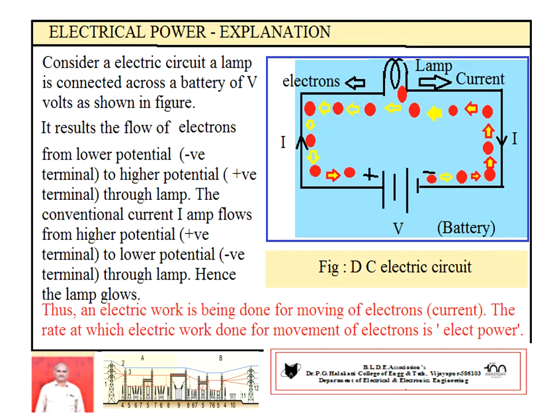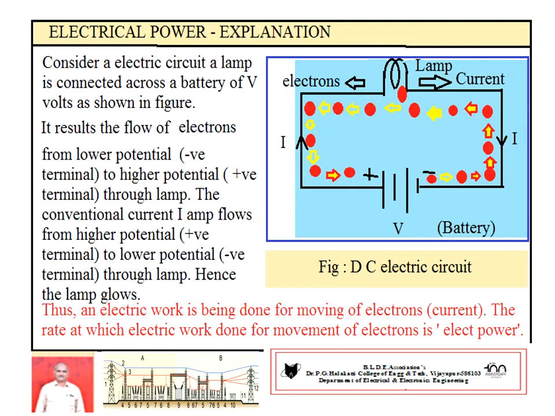V is the potential difference of the battery, the EMF, electromotive force. Application of this electromotive force creates a flow of charge carriers, that is, a flow of electrons from the negative terminal to the lamp, and from the lamp to the positive terminal, as shown in the figure.